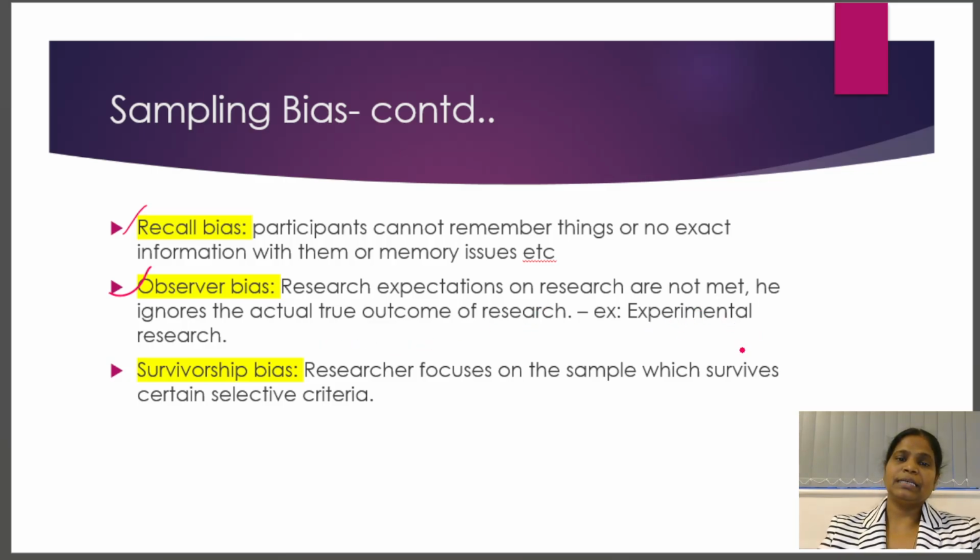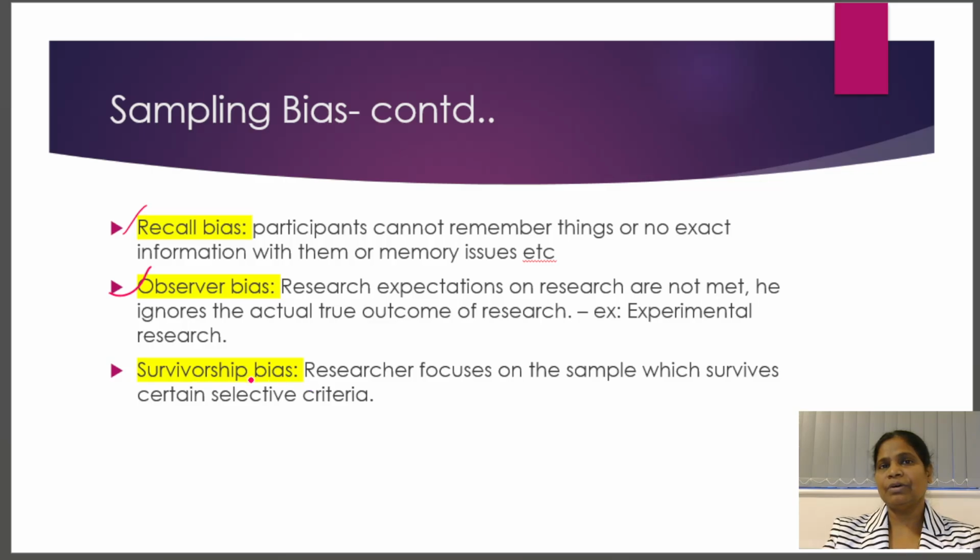This happens in experimental research and sometimes in qualitative studies also, like if you are trying to observe the lifestyles or cultures of people, we assume something and go, and something else happens, then there also observer bias occurs. Next one is survivorship bias.